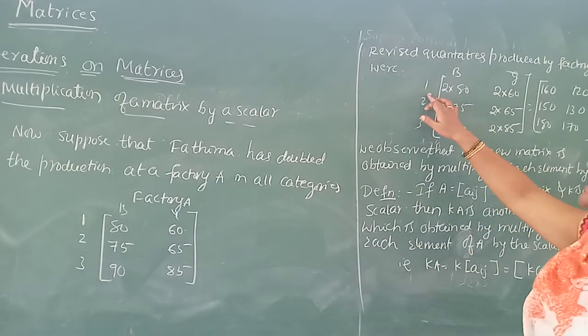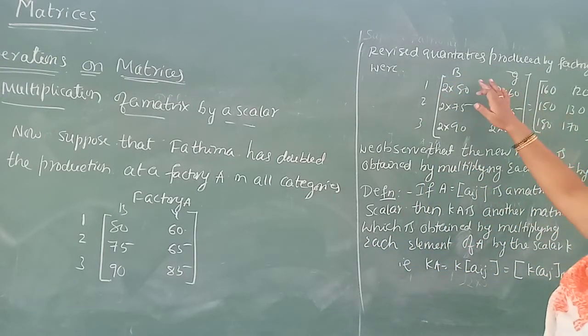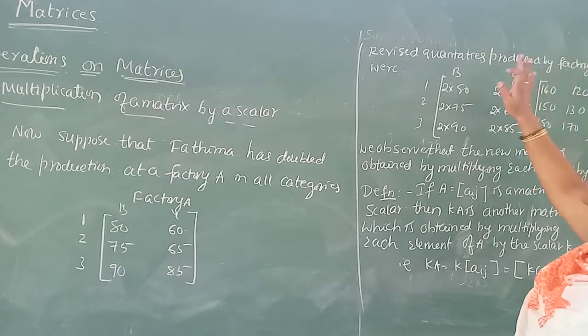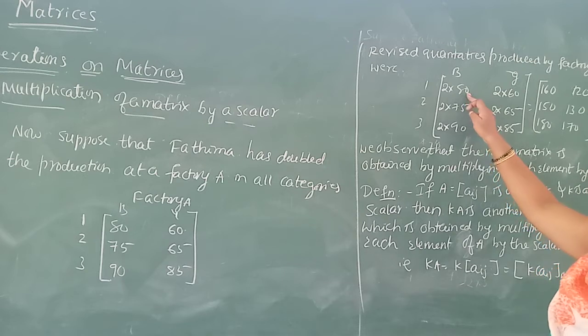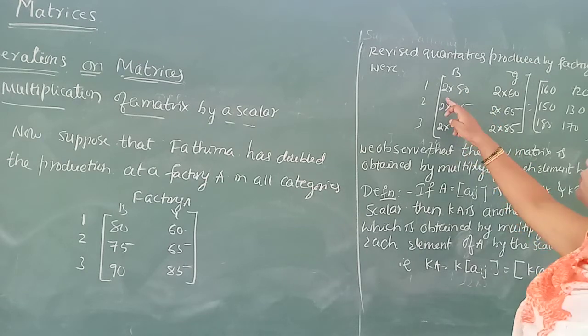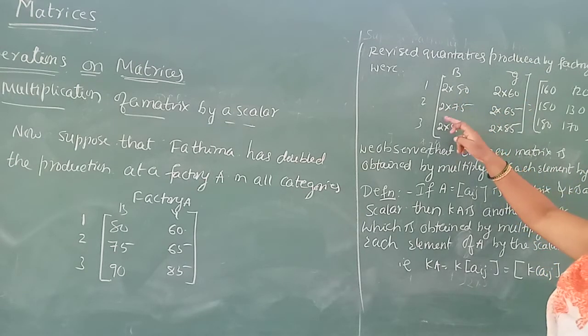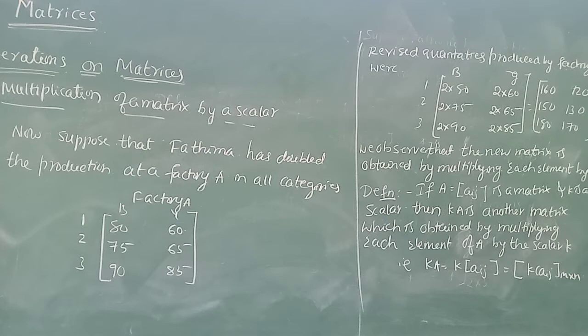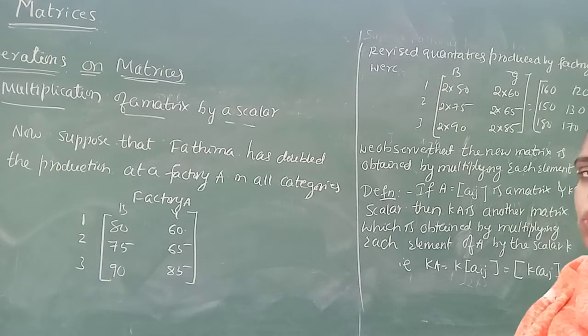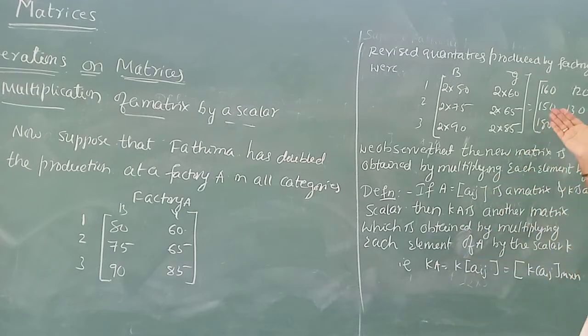The category 1 production by factory A is 2 into 80, 2 into 60, 2 into 75, 2 into 65, 2 into 90, 2 into 85. Naturally, if production is doubled, the price is also doubled. Multiplying, we get 160, 120, 150, 130, 180, 170.